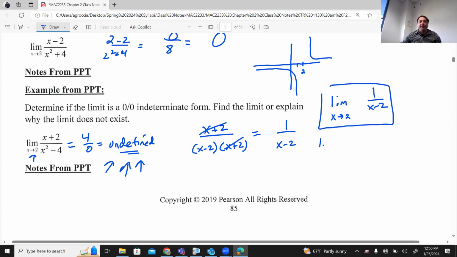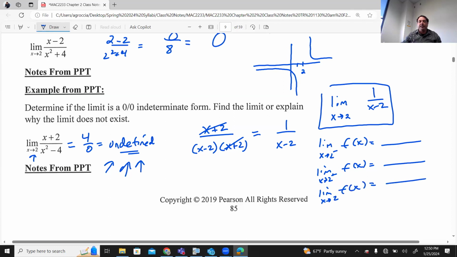So this is the question. We're going to have the limit as x approaches 2 from the left. The limit as x approaches 2 from the right. The limit as x approaches 2. And what happens when you plug in 2.